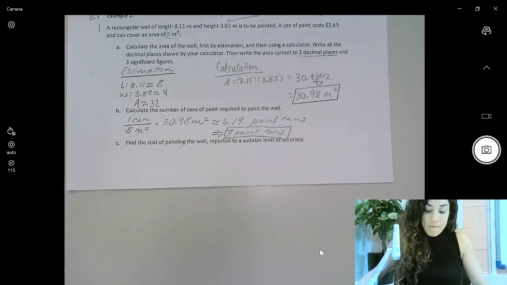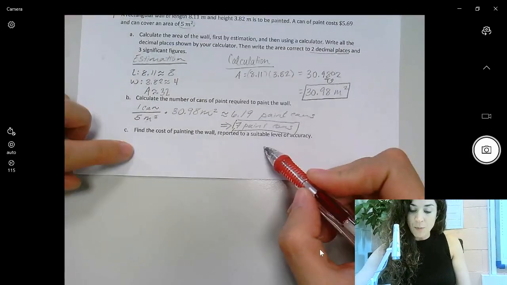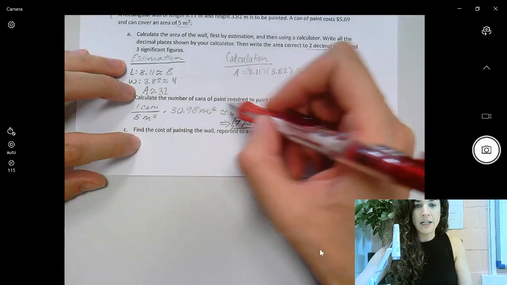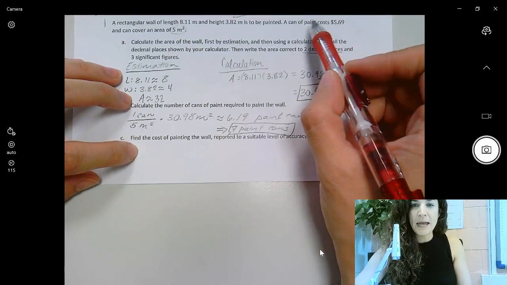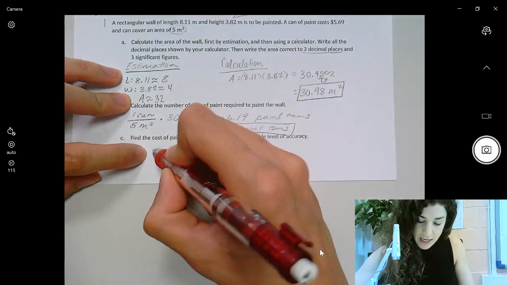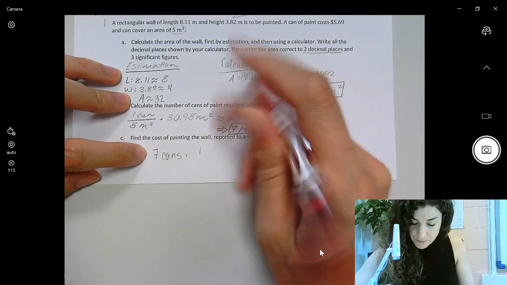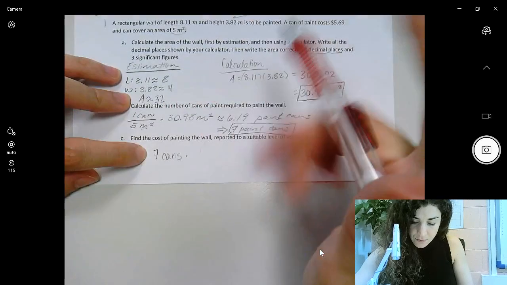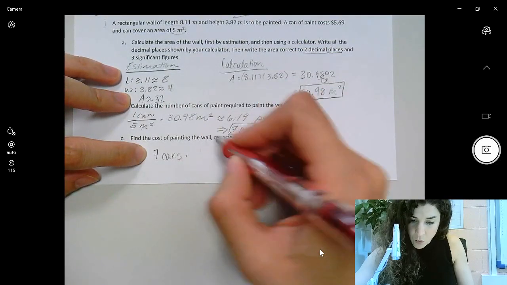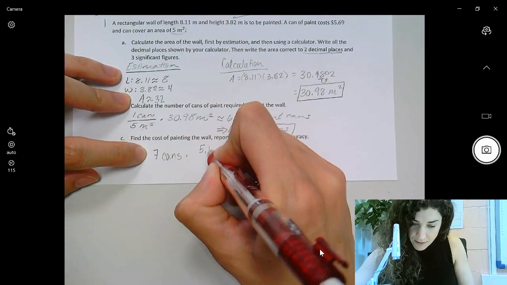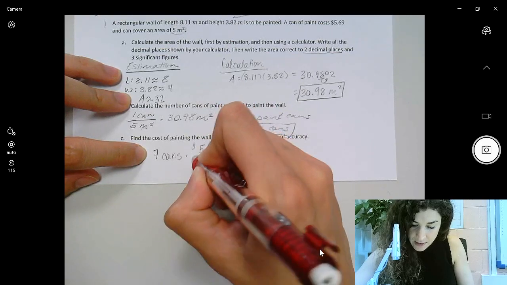All right. Find the cost of painting the wall reported to a suitable level of accuracy. So it says that each paint can costs $5.69. So if we're buying 7 cans, one can is $5.69.